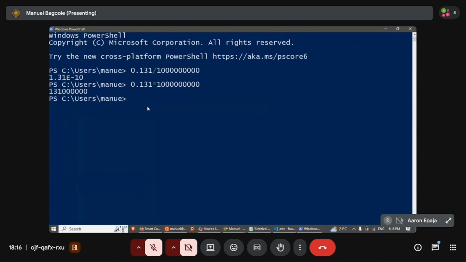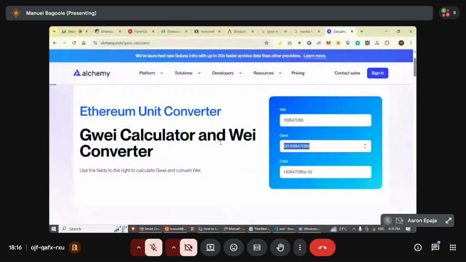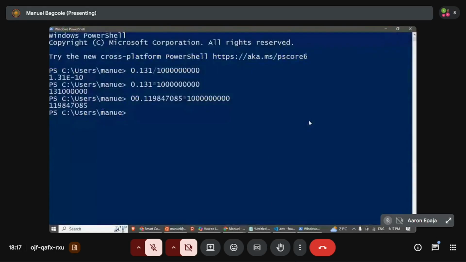So if this is my amount in gray and I multiply it by this, I get exactly the same result in gray. It reads 118,470.85. That's the amount we have in gray. Now I want to get the amount of ether from this amount in gray.